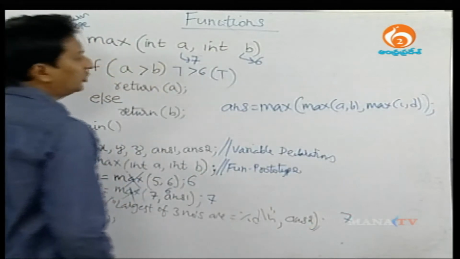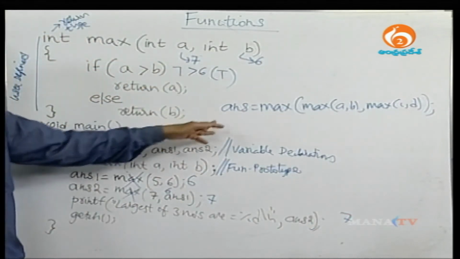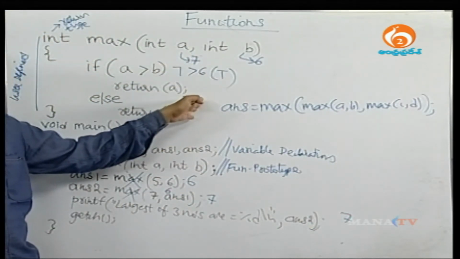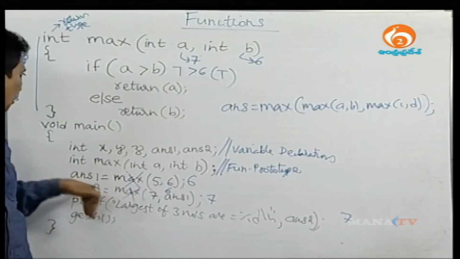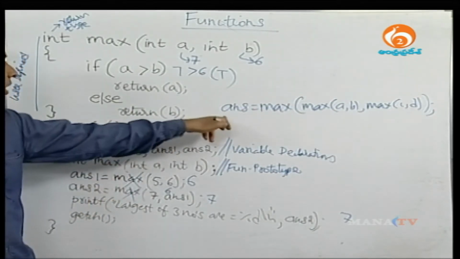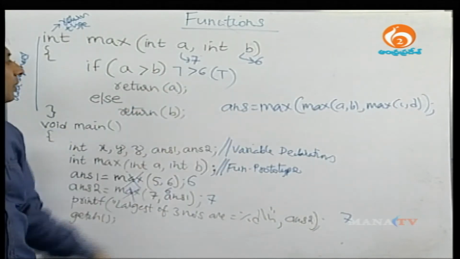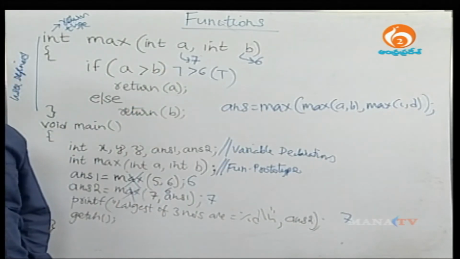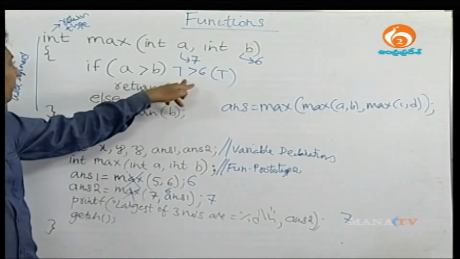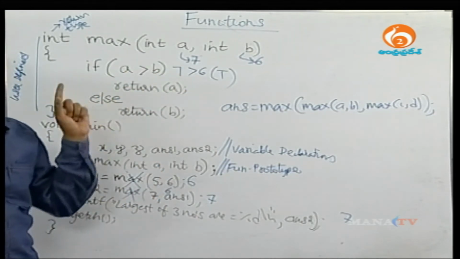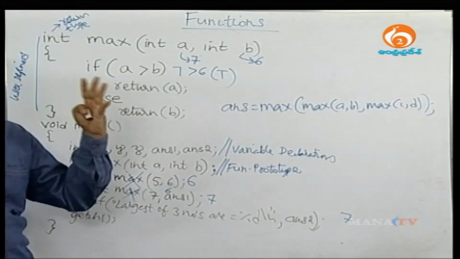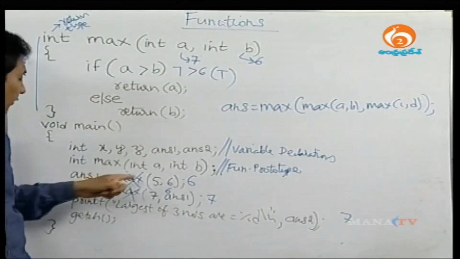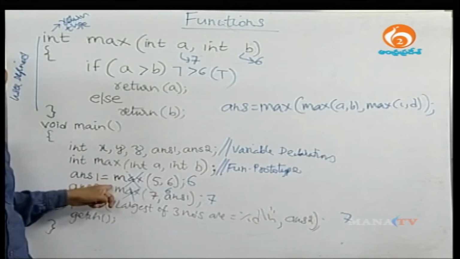There is no need to change the logic in the user defined function, you just change the function call. The same user defined function can find out the largest of 2 numbers, 3 numbers, or 4 numbers. We only need to write the logic in the calling function, that is it.